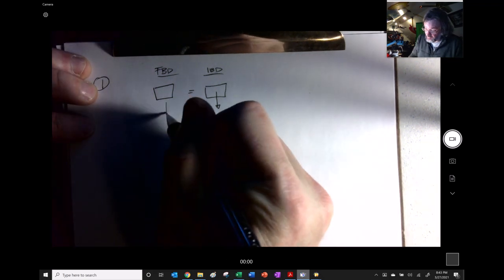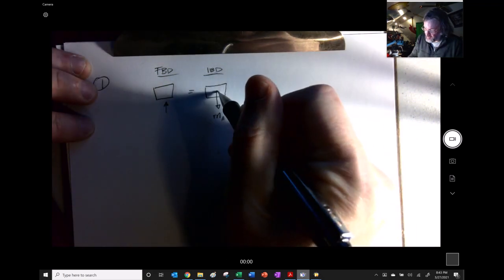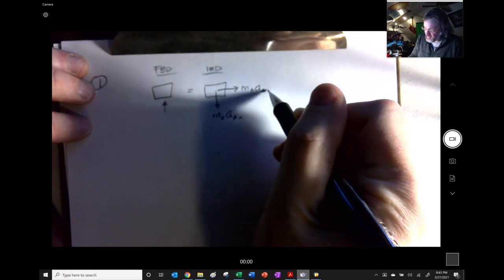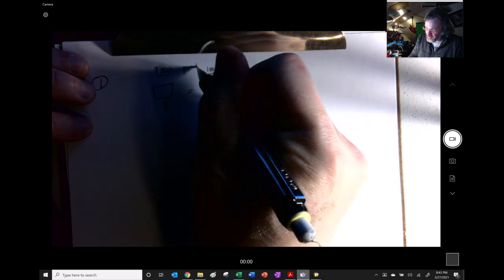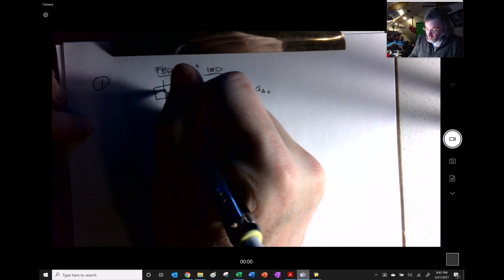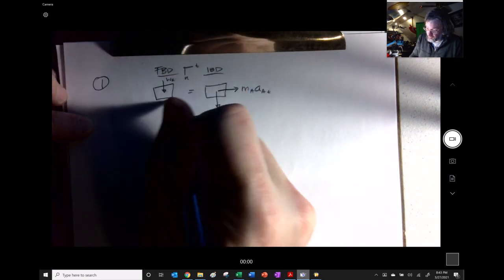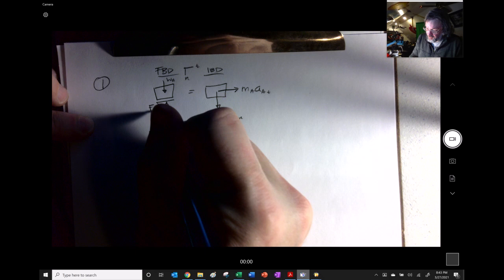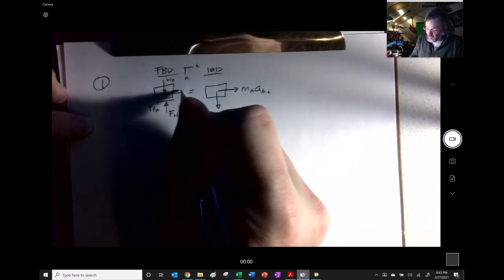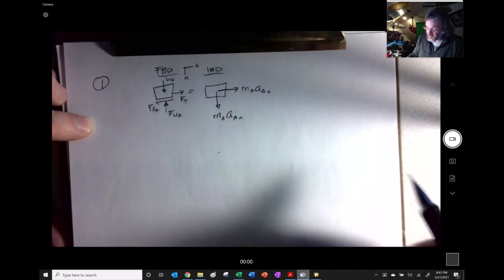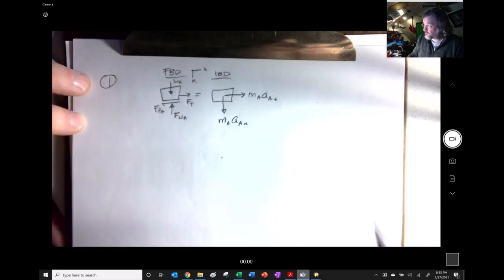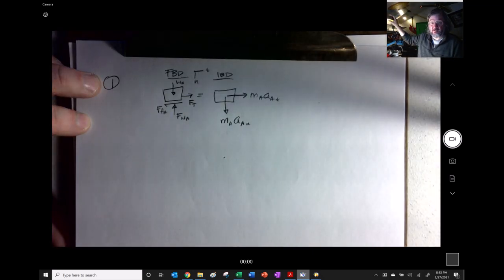It's also going to be accelerating in this direction too, and we'll call this the A in the tangential direction, and we'll say that's tangential and that's normal. And so we're going to have the weight of A, and we'll have the friction force of A and the normal force of A. There'll be the tension here. Did I forget anybody? I think that's it.